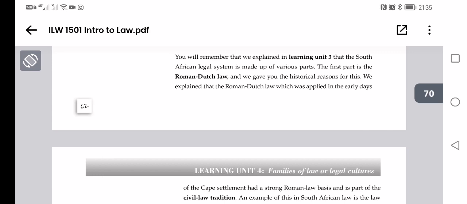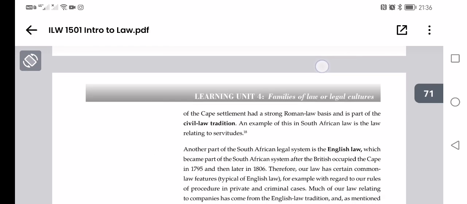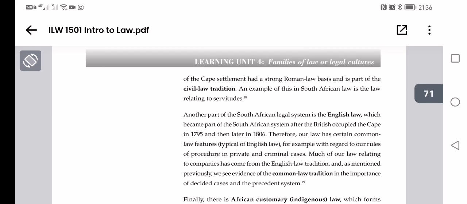We explained that the Roman-Dutch law, which was applied in the early days of the Cape settlement, had a strong Roman basis and is part of the civil law tradition. An example of this in South African law is the law relating to servitudes.